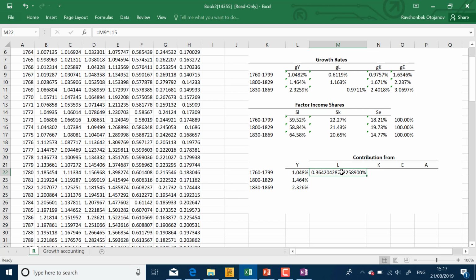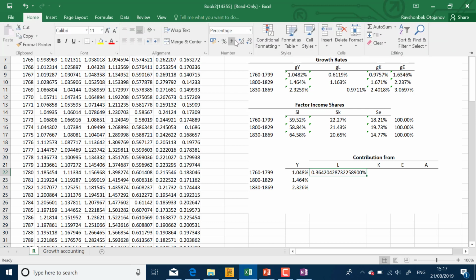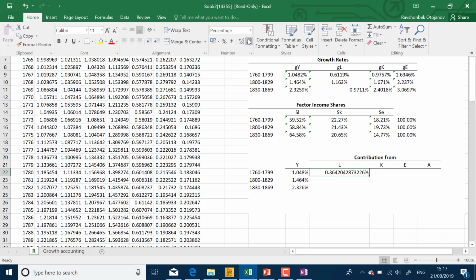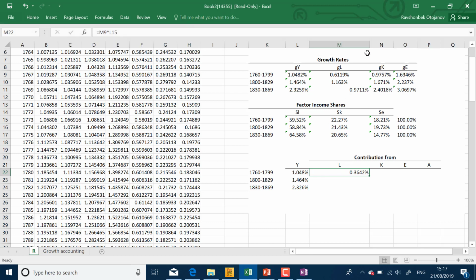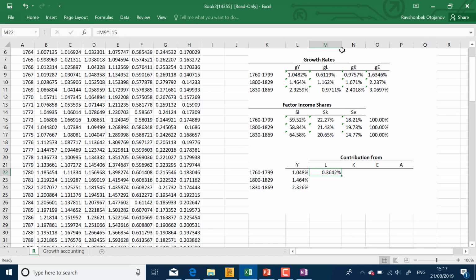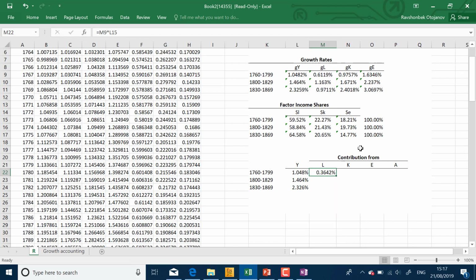I did a huge change, so let's go back. Okay, I didn't realize that I increased the decimal places by that much. Right, so the growth of output was 1.04% in that period, and contribution from labor was 0.36 percentage points to this growth rate.